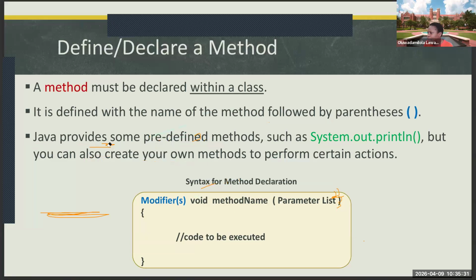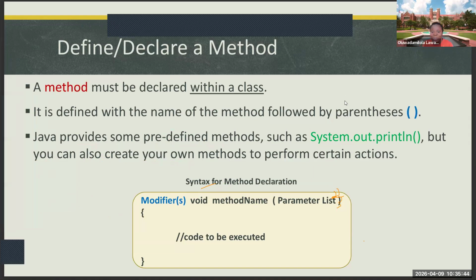So don't forget, it is very, very important. Despite the fact that it is user defined, we are defining it, it still has to be within what? Within a class. Very important. You cannot just start writing the method directly. It still has to be within a class.